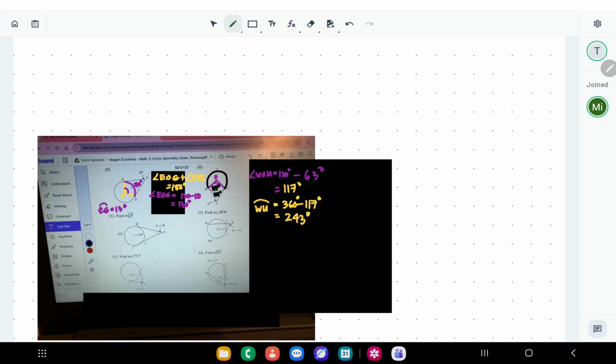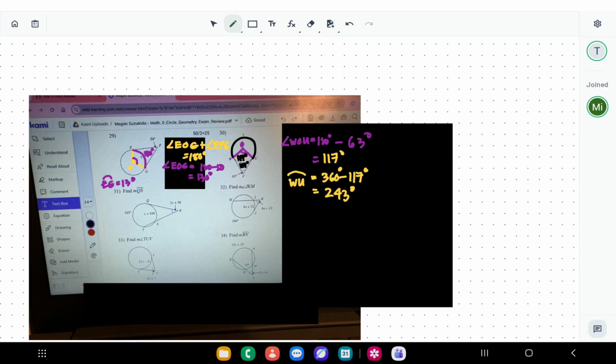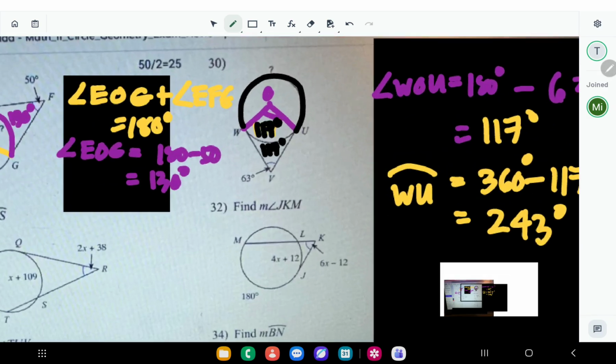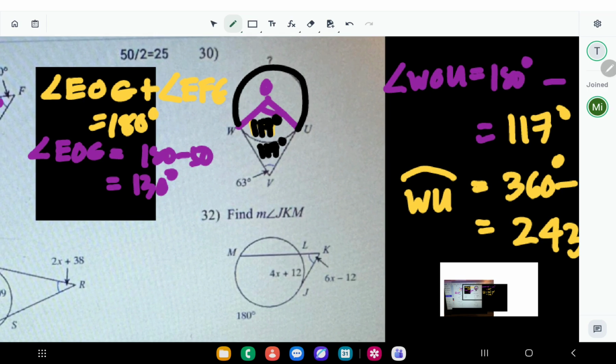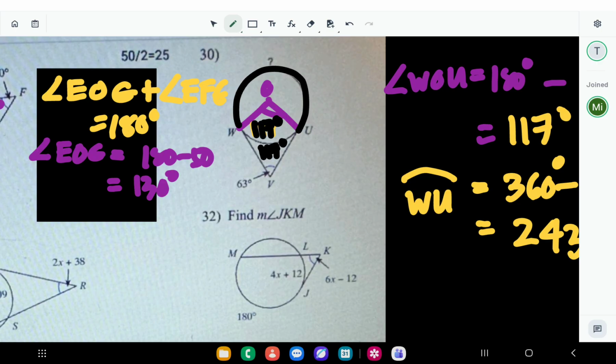Okay, no questions on this? Where is 63? It's given in the problem here. Yeah, angle WVU.